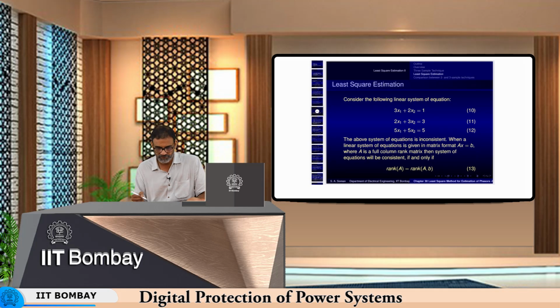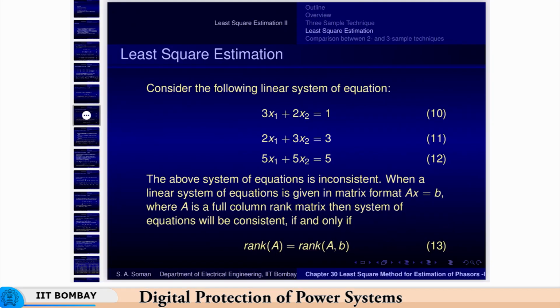Is this system of equations consistent? No, it is not, because if it was consistent, then when you add the first 2 rows, you get 5x1 plus 5x2, but adding the right hand side you should have got 4, and in this case you are getting 5. In our terms, this indicates the presence of some form of noise. That is why you are getting an inconsistent system of equations.